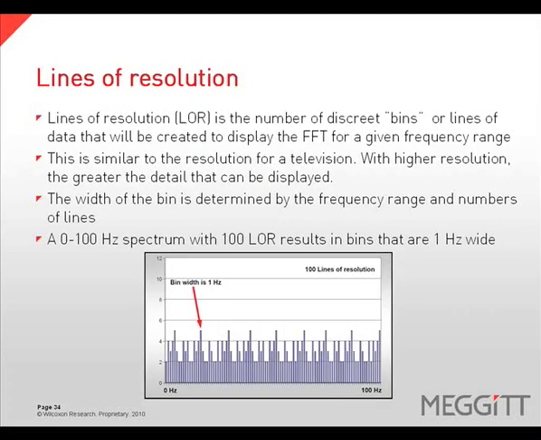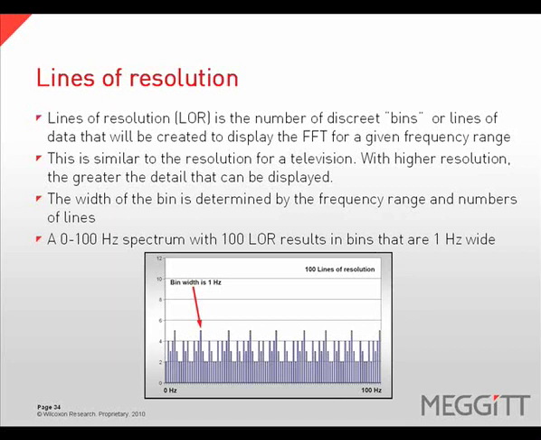Lines of resolution is the number of discrete bins or lines of data that will be created to display an FFT for a given frequency range. This is similar to the resolution of a television. With higher resolution, the greater the detail that can be displayed. The width of the bin is determined by the frequency range and the number of lines of resolution.